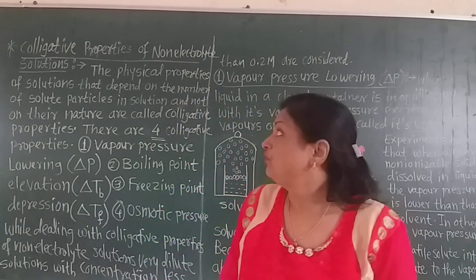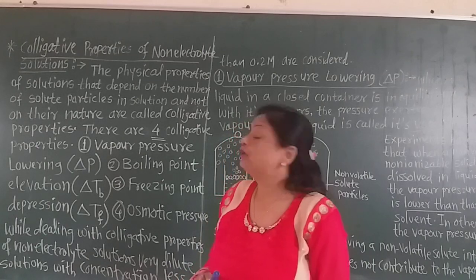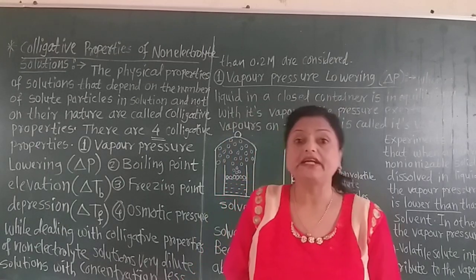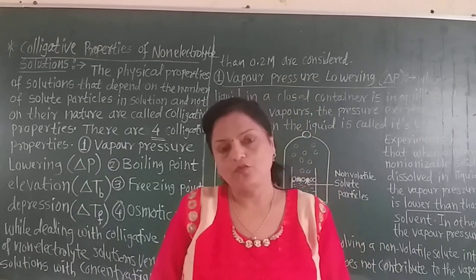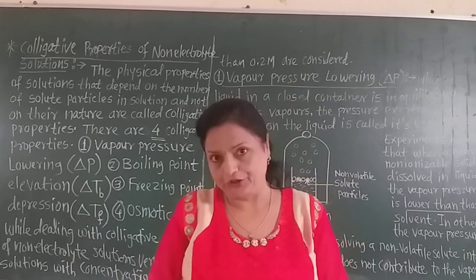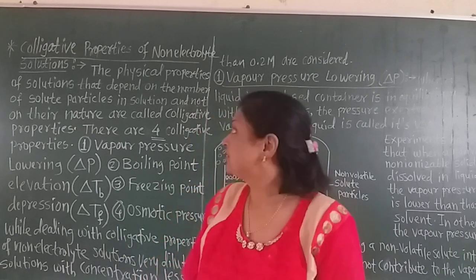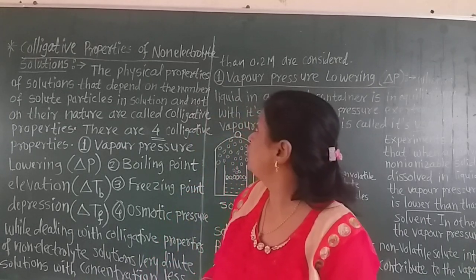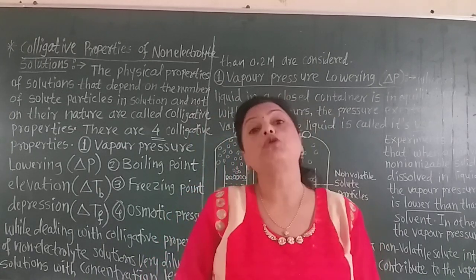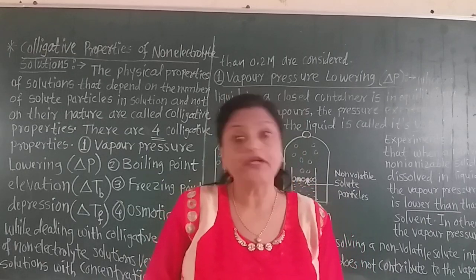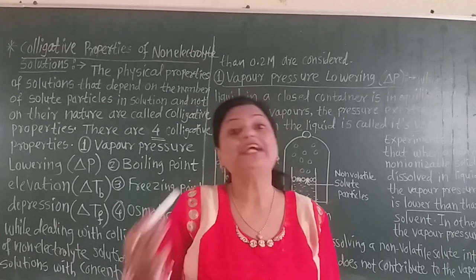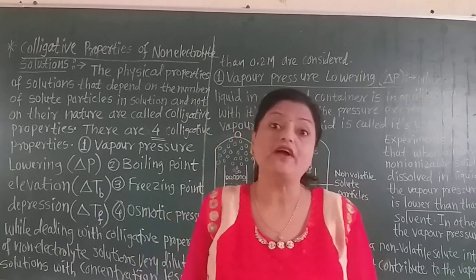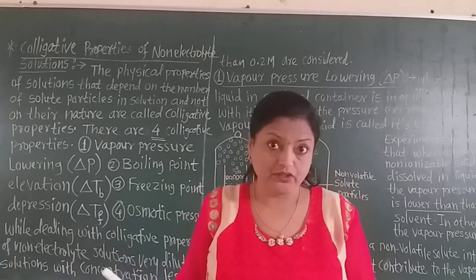Now today we are learning the colligative properties. These properties are totally new for you. What is the meaning of colligative property? Let us learn first. We have to study the colligative properties of non-electrolytes in this chapter. Non-electrolyte means that when the solute dissolves into the solvent, it does not ionize.